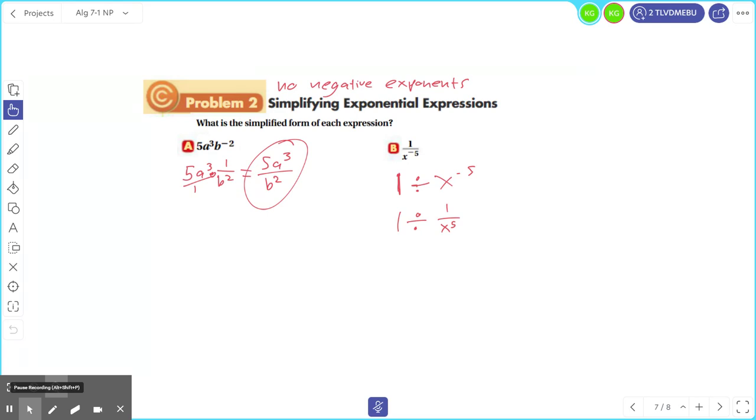And now we'll use a little trick here where division is the same as multiplication by the reciprocal. So for a quick example, if I had 4 divided by 1/2, that would be the same as if I took this and flipped it upside down and multiplied. That's the same as 4 times 2 over 1, or just 4 times 2.